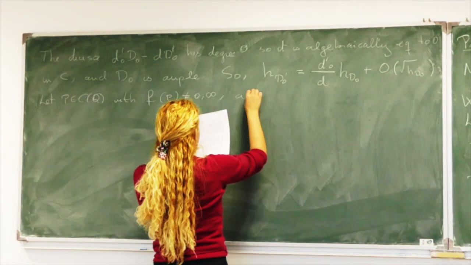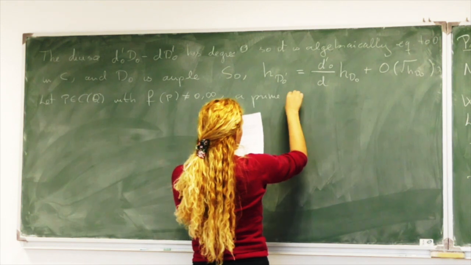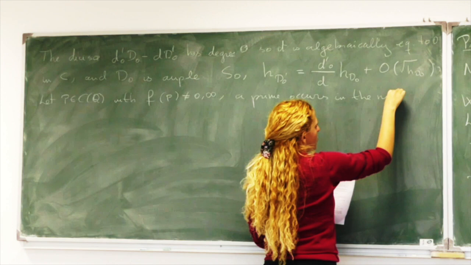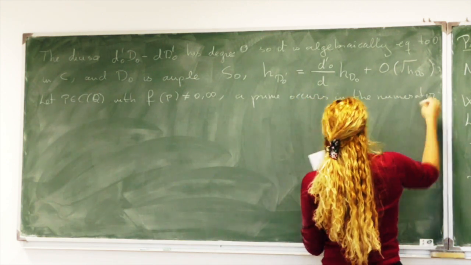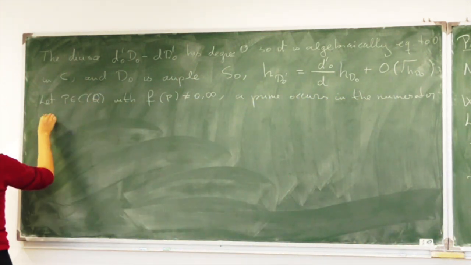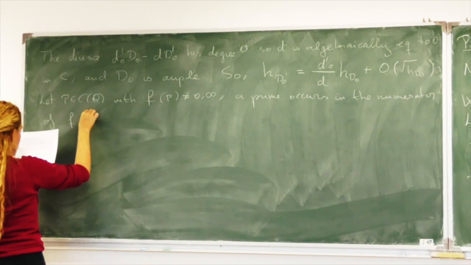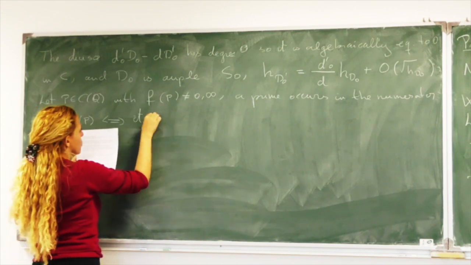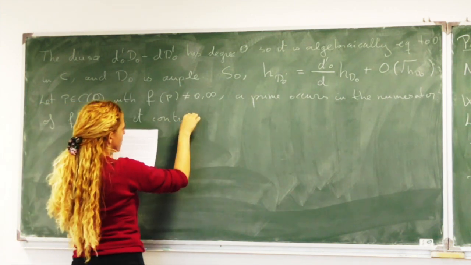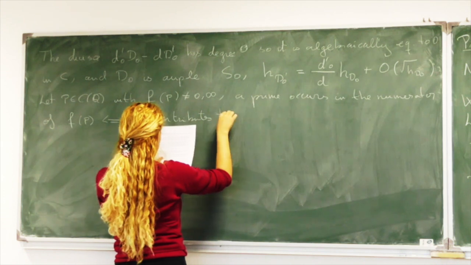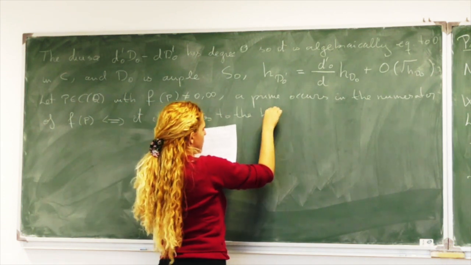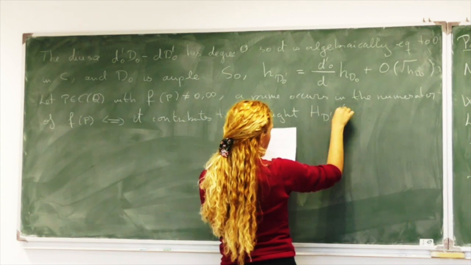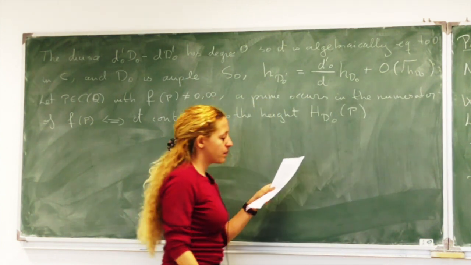Okay, so a prime occurs in the numerator of f of P if and only if it contributes to the height, the multiplicative one of the point, right?